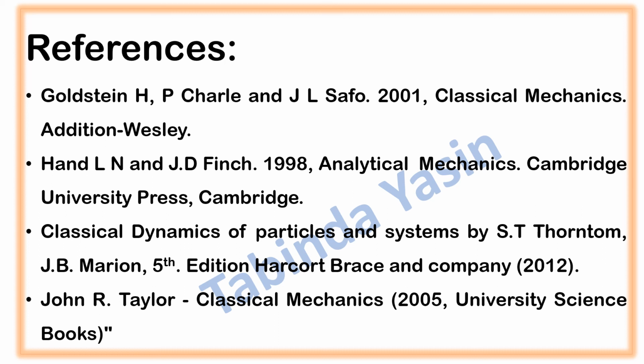Another reference you can have is Classical Dynamics of Particles and Systems by S.T. Thornton, J.B. Marion, fifth edition, 2012. And John R. Taylor, Classical Mechanics, 2005. These are the references which have to be followed.